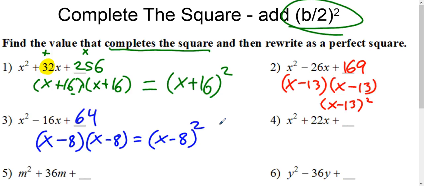It's x minus 8 squared. Same thing here, you'd fill in the blank with 11 squared, which is 121. Two numbers that multiply to be 121 and add to be 22 are 11 and 11. So that becomes x plus 11 squared.